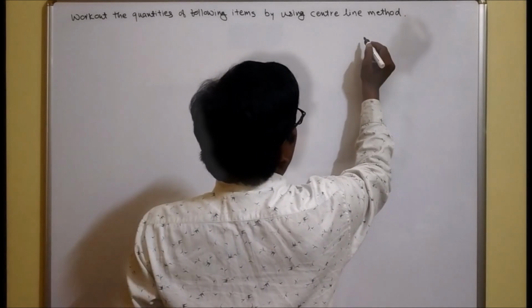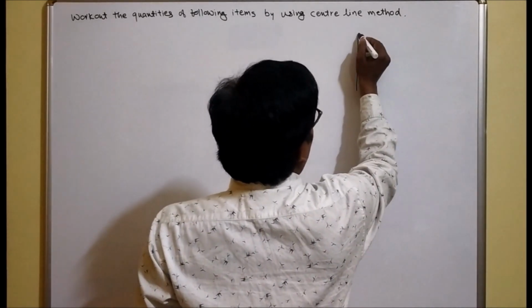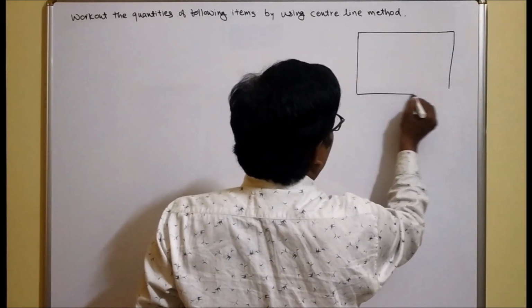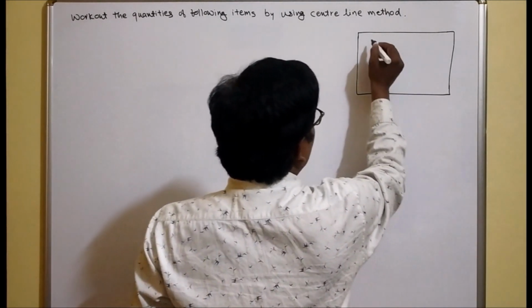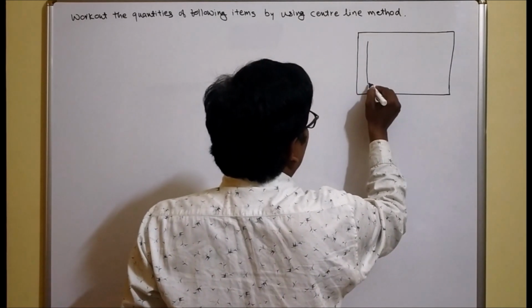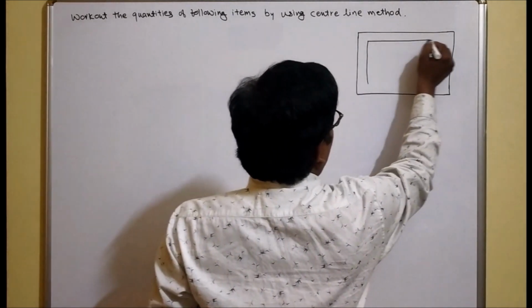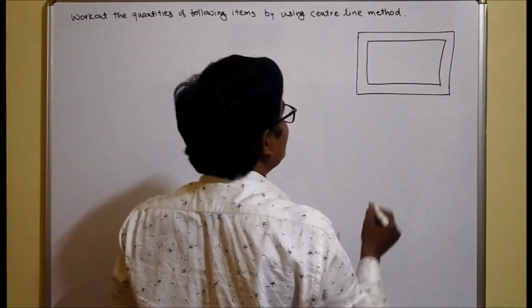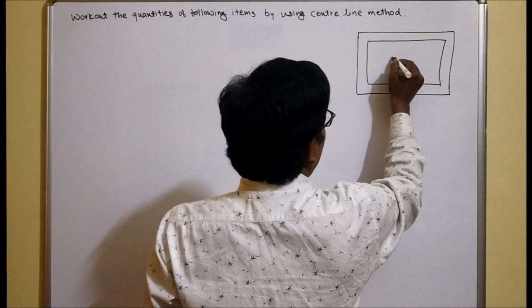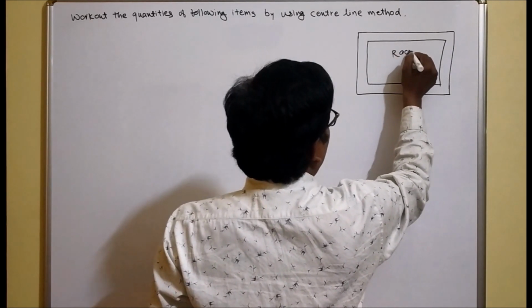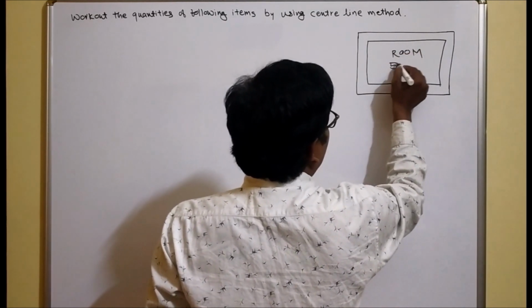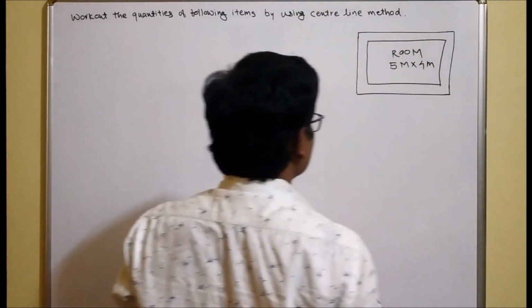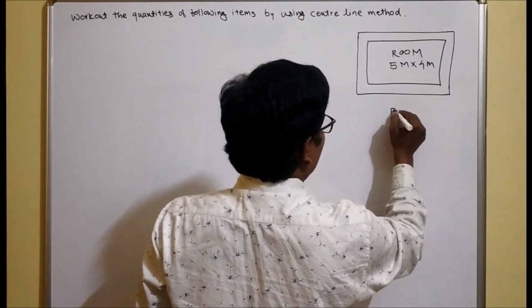So for this example, I will take one room plan (5 meter by 4 meter). This is the plan.